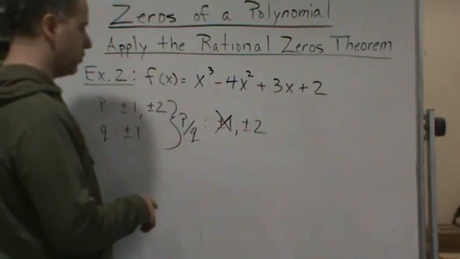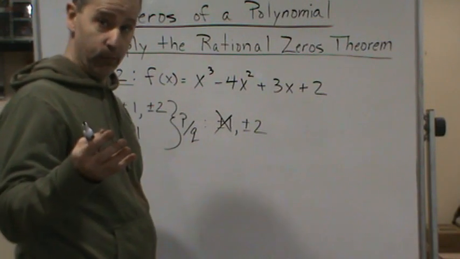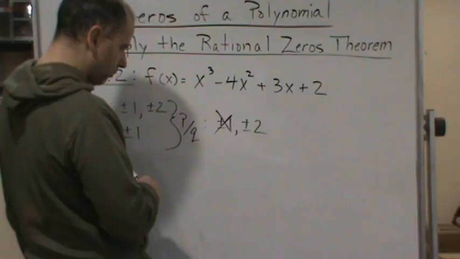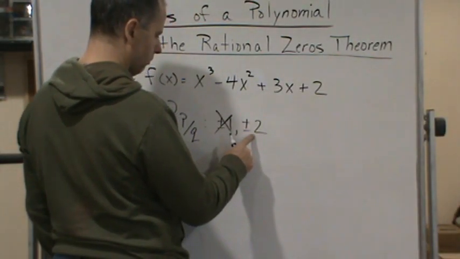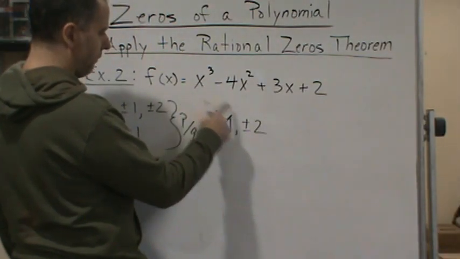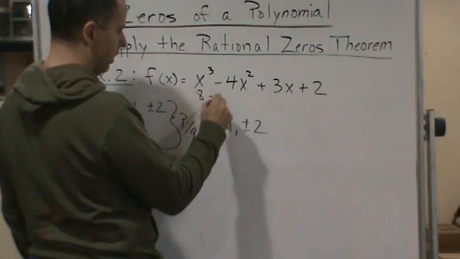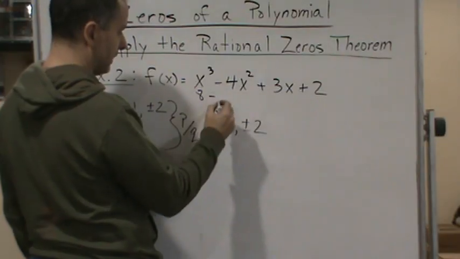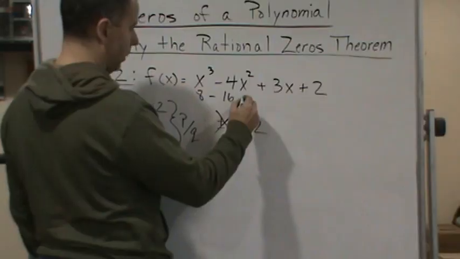Okay, what about 2? Well, let's try 2. Again, all I'm doing is the remainder theorem, right? So all I'm going to do is evaluate this at 2. So if I put 2 in here, that's going to give me what? It's going to give me 8 minus what? 16, right?